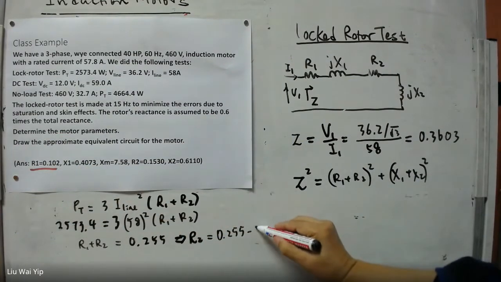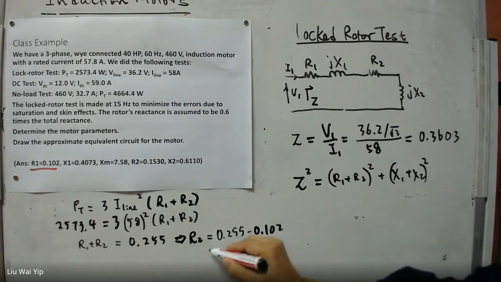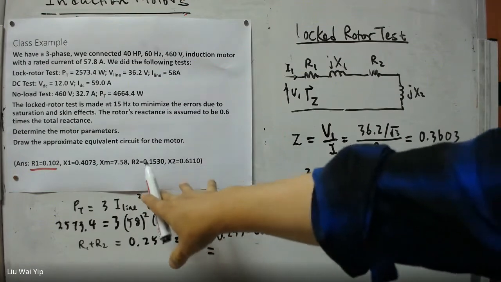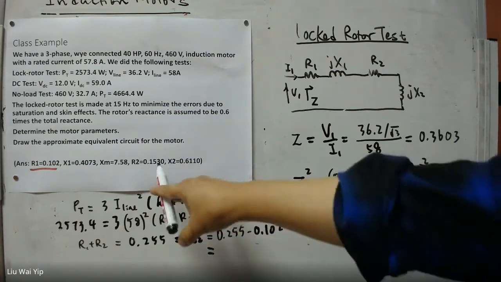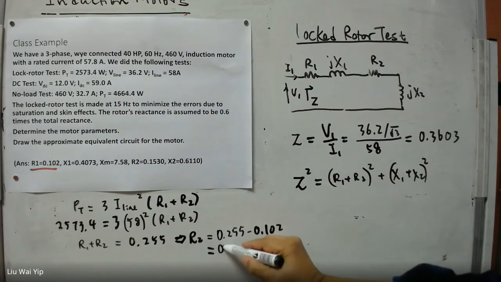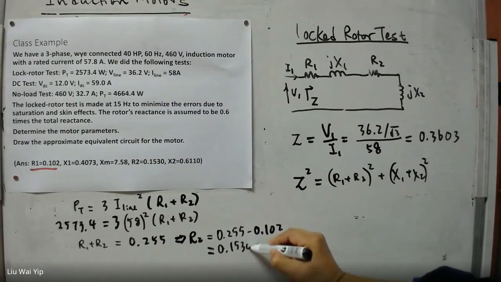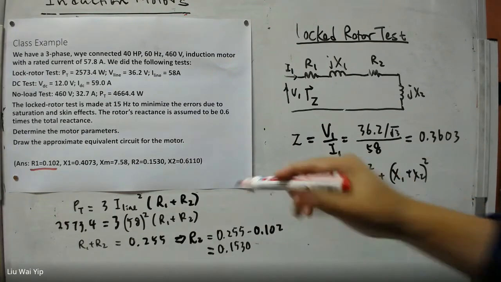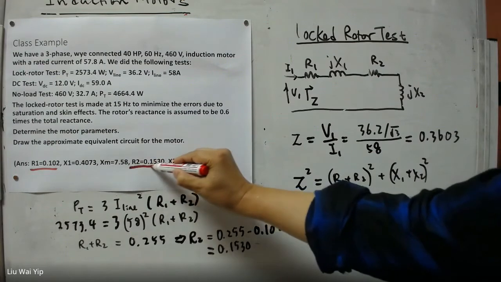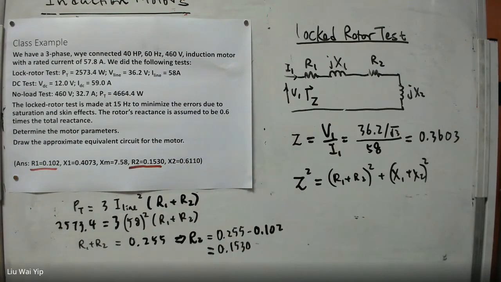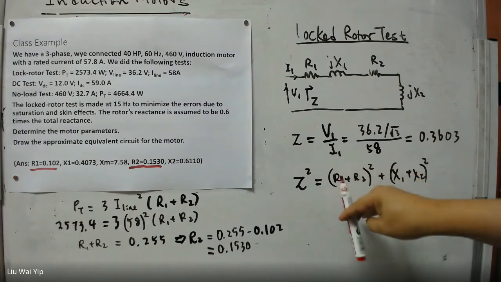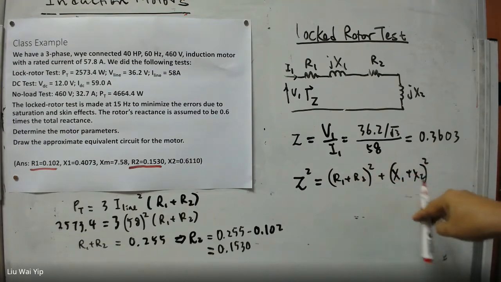R1 is 0.102. So eventually, you should end up with a value very close to this one, right? So now we found R2, and with the knowledge of R1 and R2, we should be able to resolve this equation.